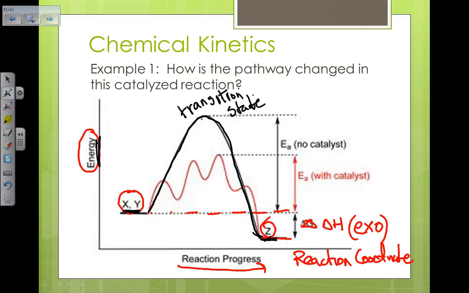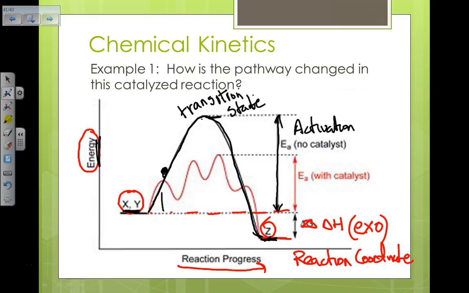Now, the height of this has a specific value that we call the activation energy. The activation energy is how much energy you need in order for the reaction to go forward, to go toward the products. Imagine that we had a ball over here, and we only gave it this much energy.